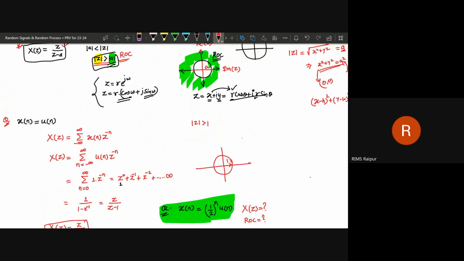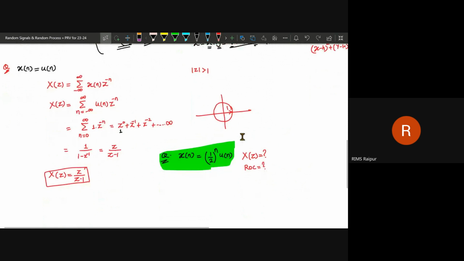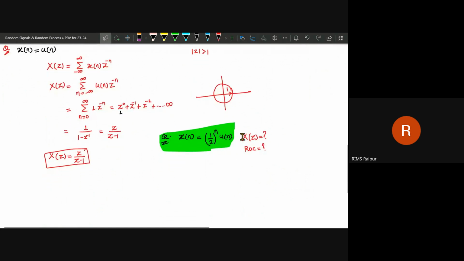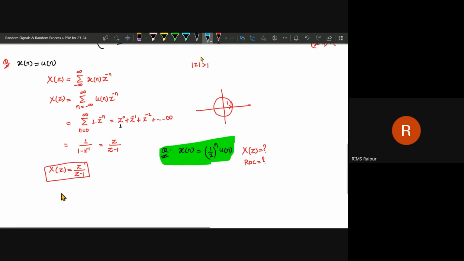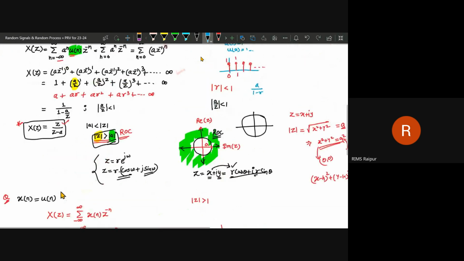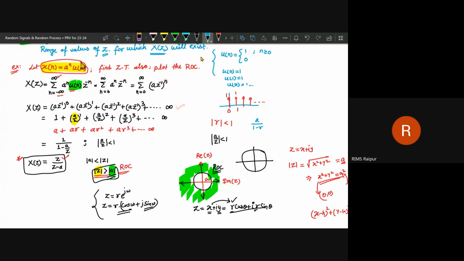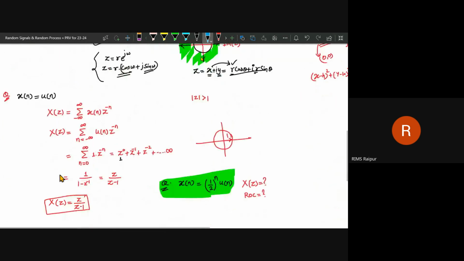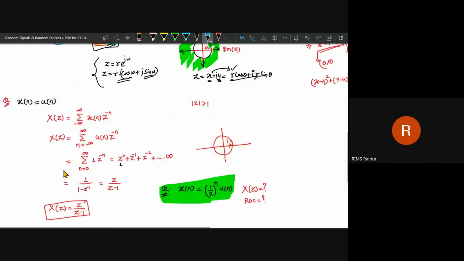You can also use the previous results. In fact, I was thinking that you're doing the smart work by using the previous results, because in the first example which I had explained to you, the Z transform of this function was Z upon Z minus 1, correct? So let me write that expression.